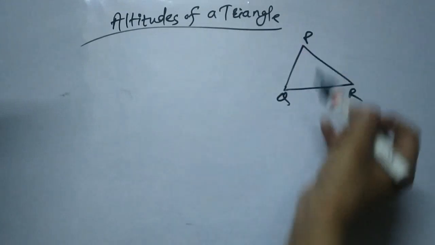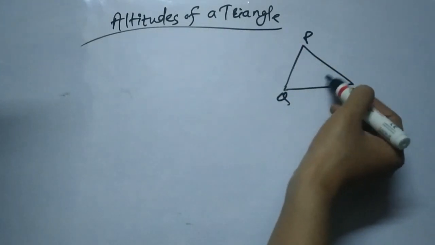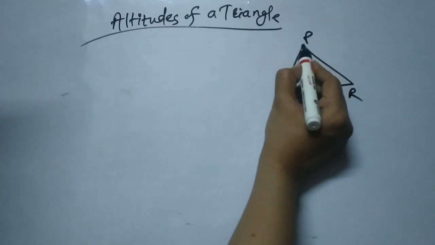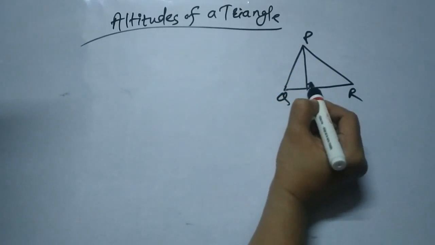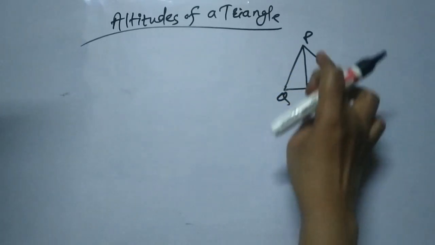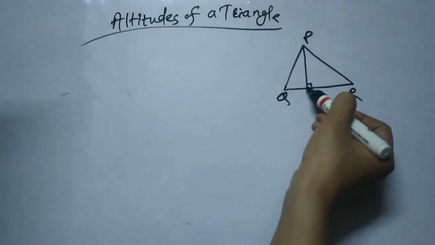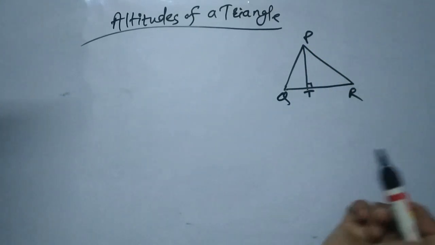But friends, when you are drawing a perpendicular from a vertex to its opposite side, that we call an altitude. For example, from here point P, I am drawing a 90 degree on this opposite side. So this line segment which I drew from a vertex is exactly perpendicular. Suppose this is a point T. So now this PT you can call an altitude.